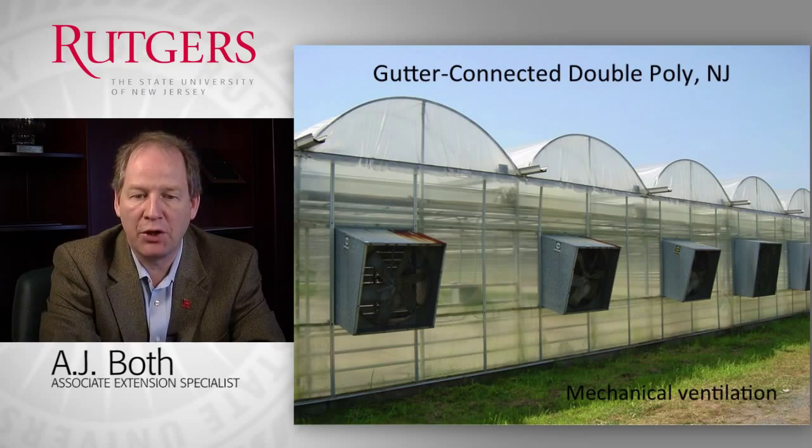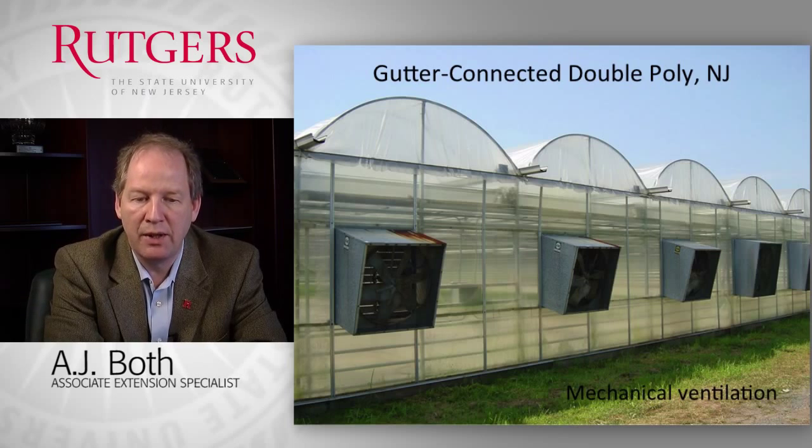An example of a gutter-connected greenhouse, again we do that compared to the hoop style, the freestanding greenhouse, to try to reduce the total surface area. So in this case it's a heated greenhouse with a ventilation system.